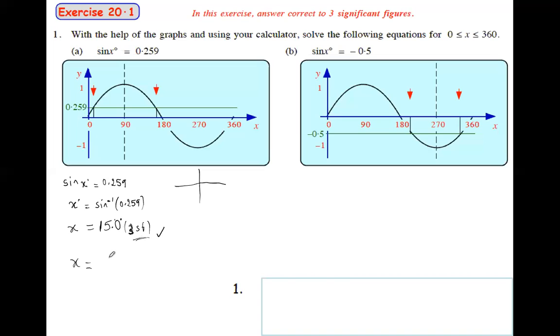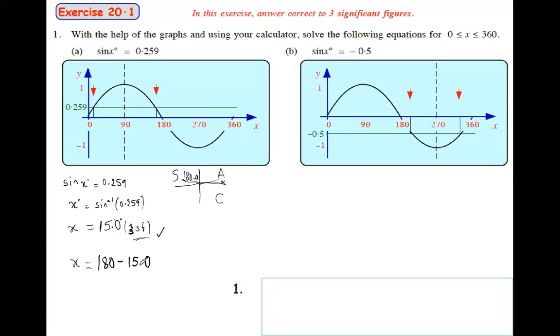Okay. So the other one, we said CAST. Where is S positive? Here. 180 take away alpha, because I've found my first angle there. So 180 take away 15.0. 165. So if you've got a scientific calculator, don't do the 180 take away 15.0.